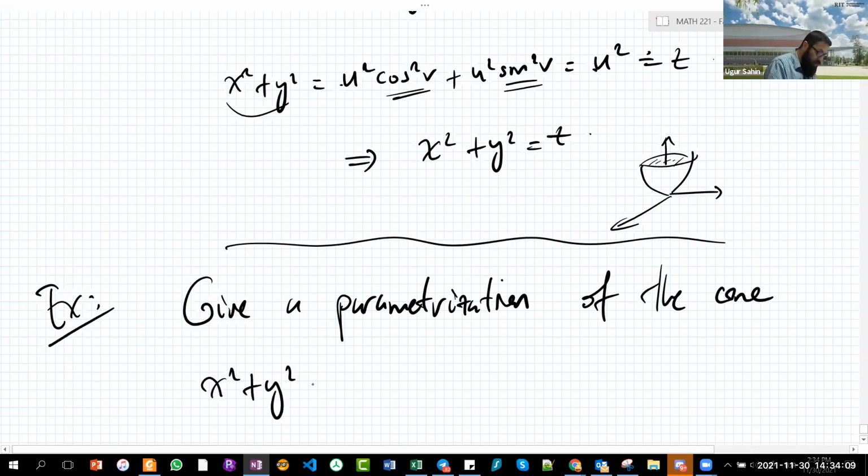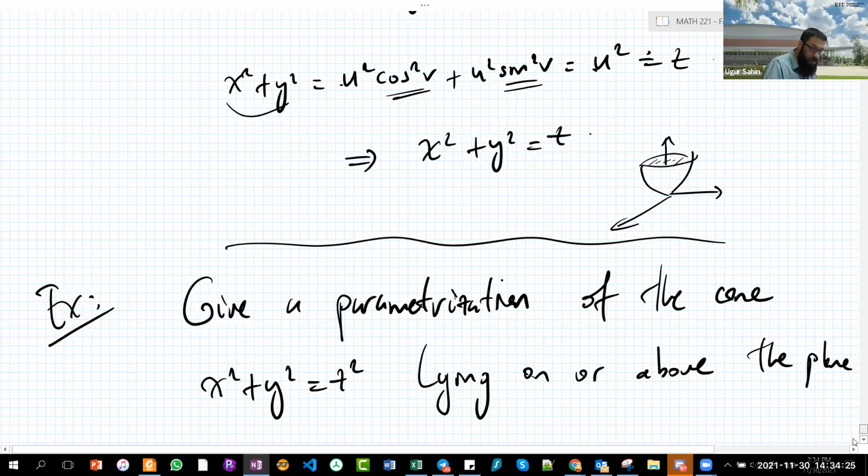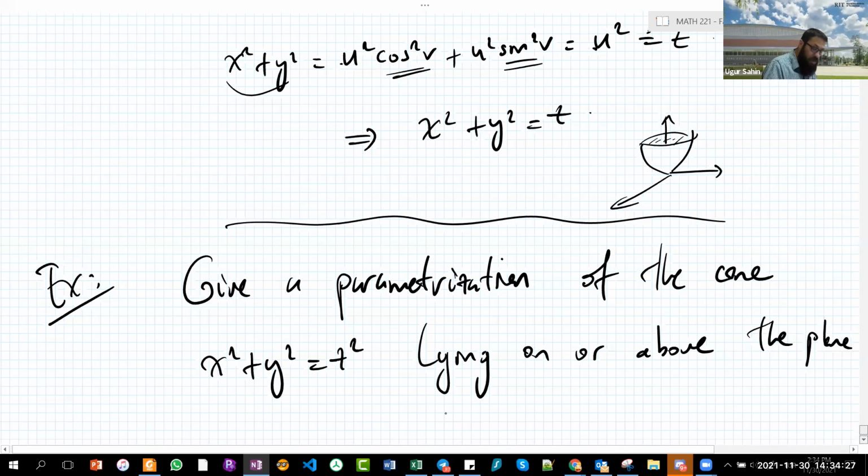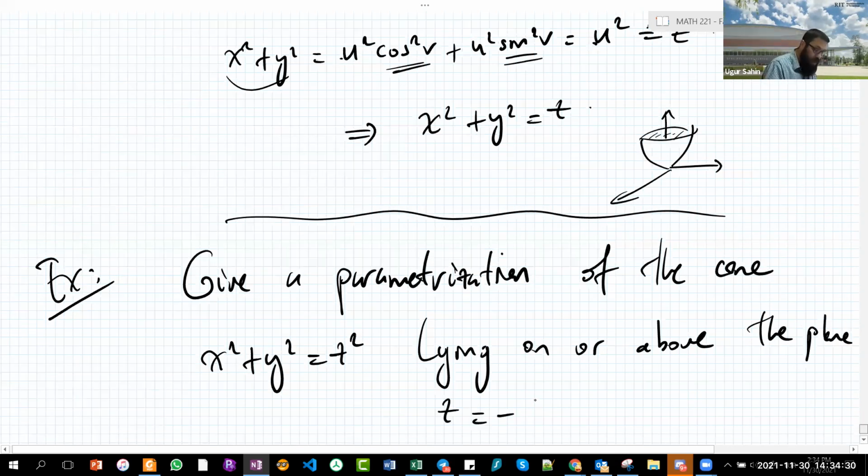Cone, which normally is given by this equation, lying on or above the plane z equals -5. So this time look at that. You need to give me the parameterization. I gave you the equation and you need to give me the parameterization, guys.